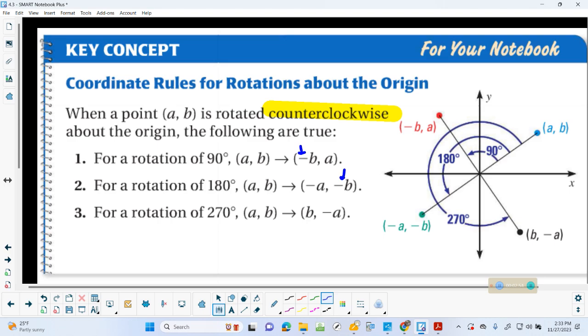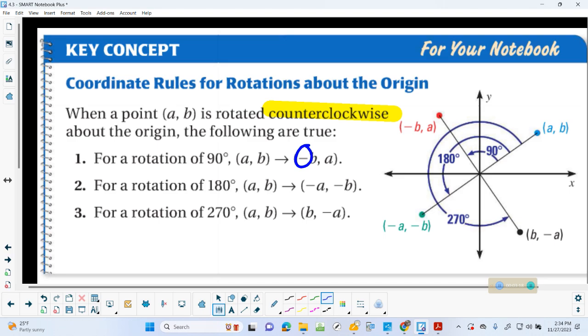So let's say B was -5, you're going to use +5. Or if B was, let's say, 8, you would use -8. I think of the negative sign in the formula as the opposite. Sometimes that can trip kids up, so just be conscientious of that. For 90 degrees, you reverse the order and B gets the negative.